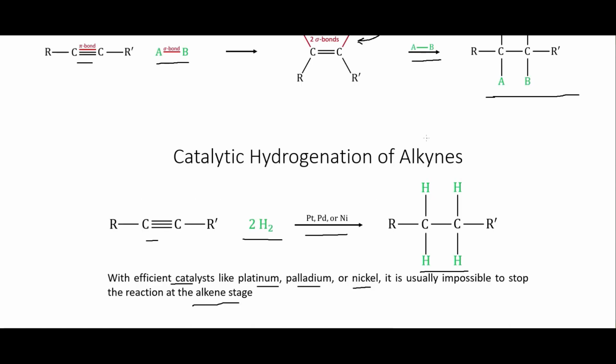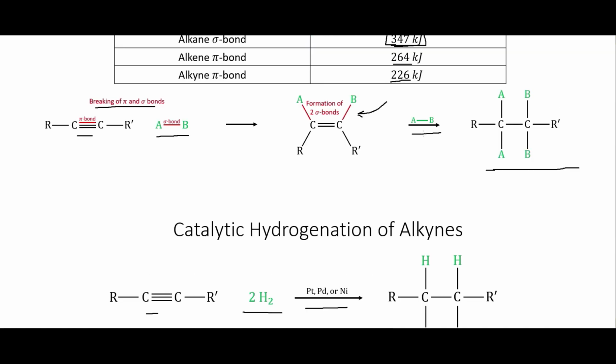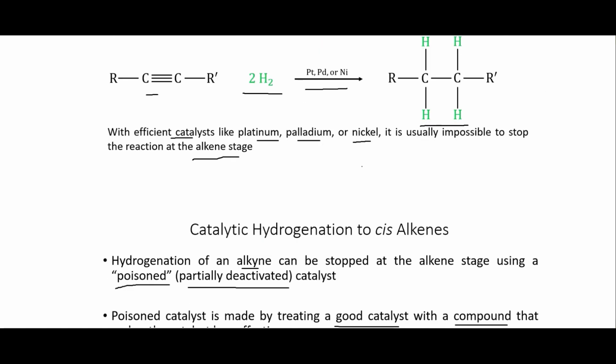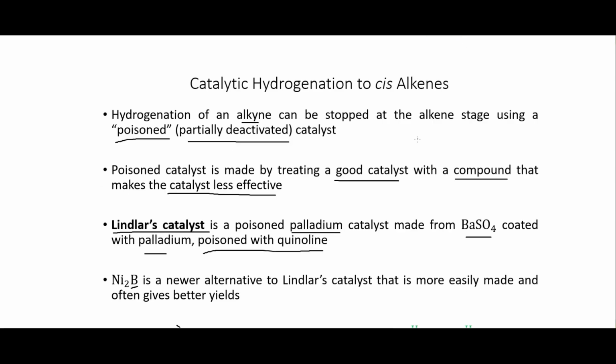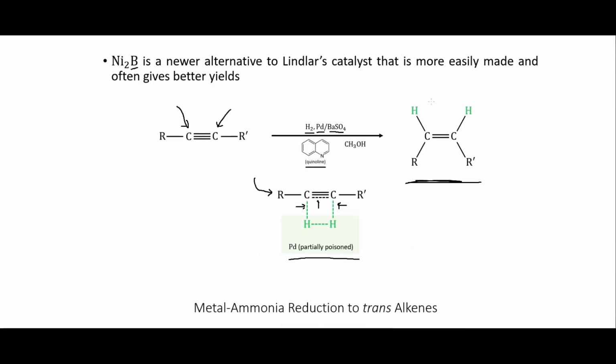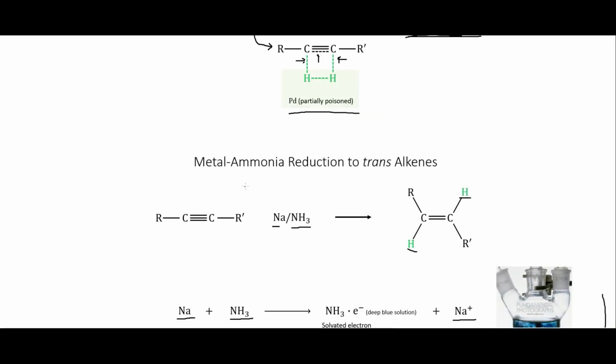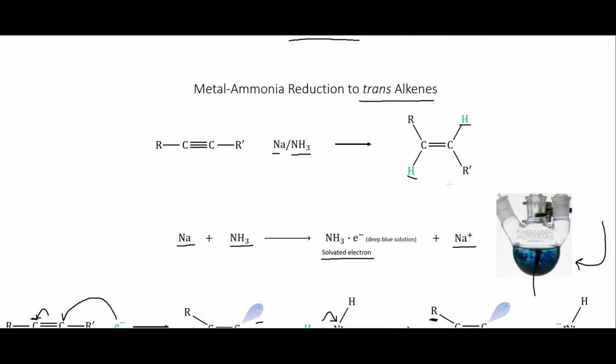So we can go from the triple bond down to the double bond, and then we can go from the double bond down to the single bond between carbons here. And so the biggest difference is these things we want to do to try to get it to stop at the double bonds. So, for instance, the catalytic hydrogenation to cis alkenes, where we want to use these Lindlar's catalysts, or if we want to do this metal-ammonia reduction to trans alkenes, so we want it to stay at the alkene stage, at the double bond stage.